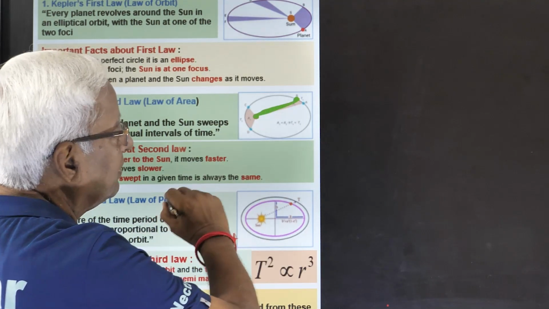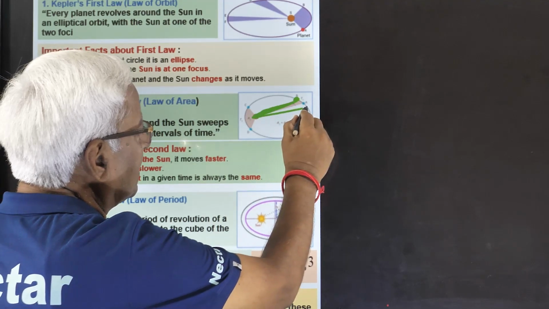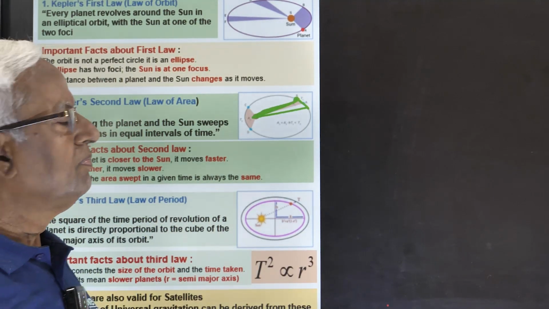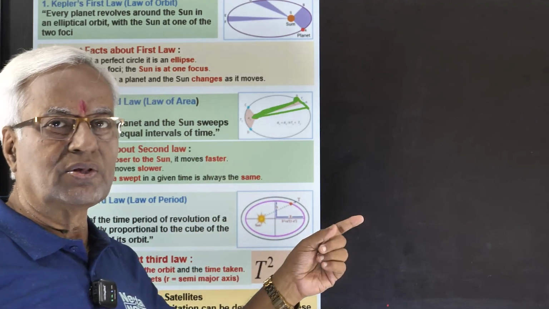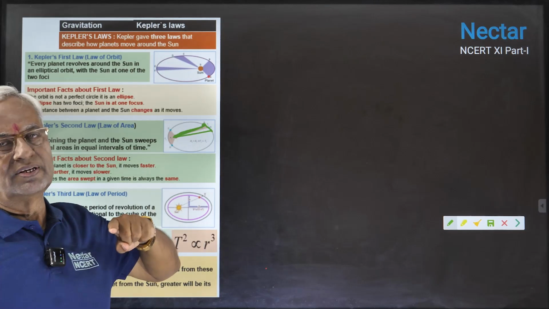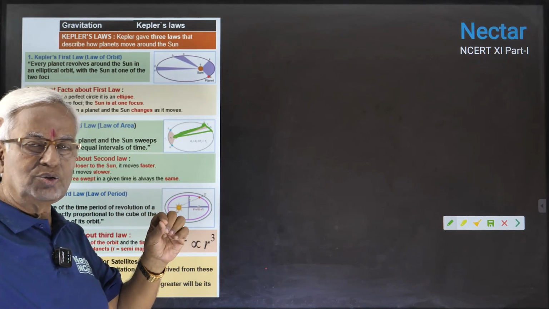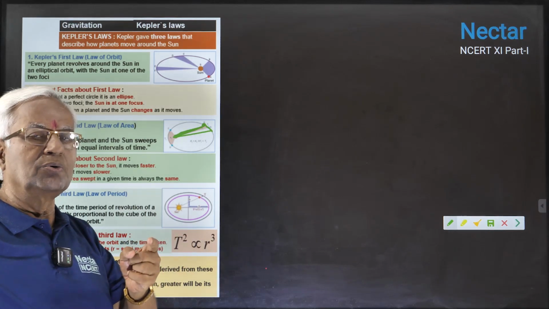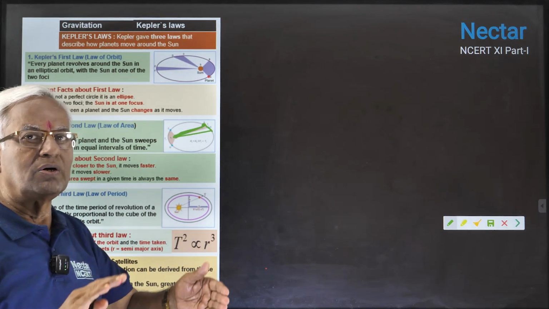This line will cover a certain distance in a certain time. The law says about the area covered by this line. It says that the line joining the planet with the Sun sweeps out equal area in equal time.